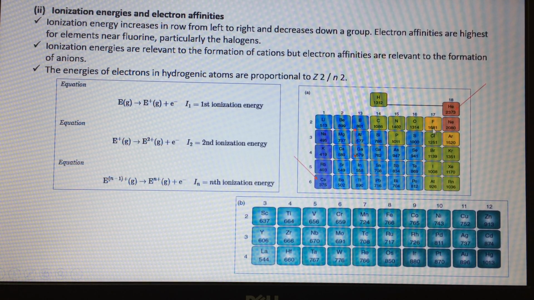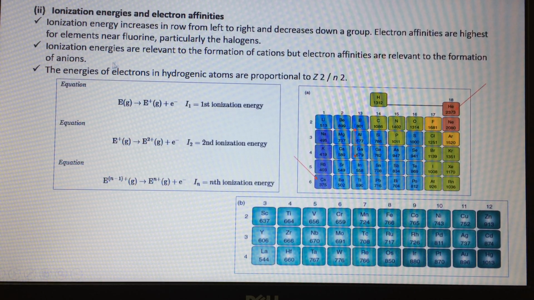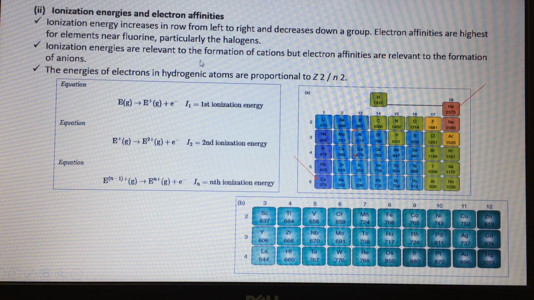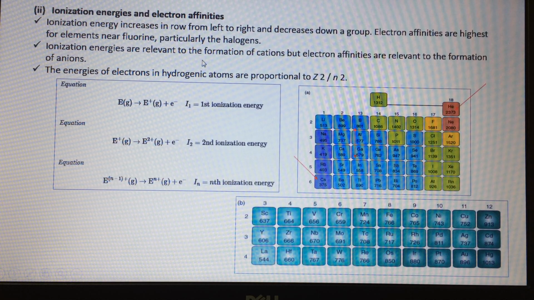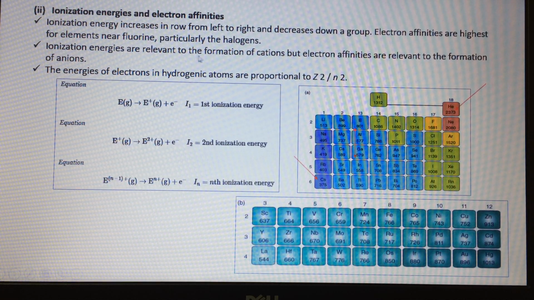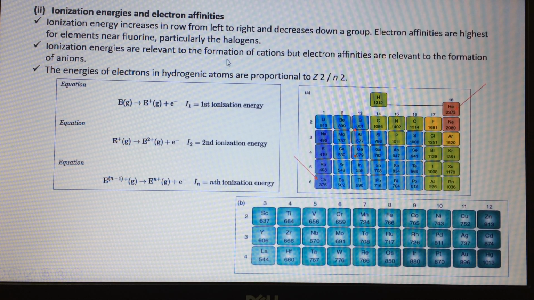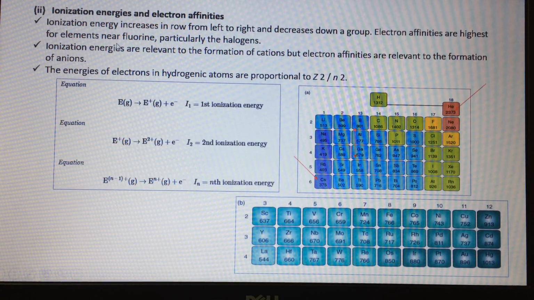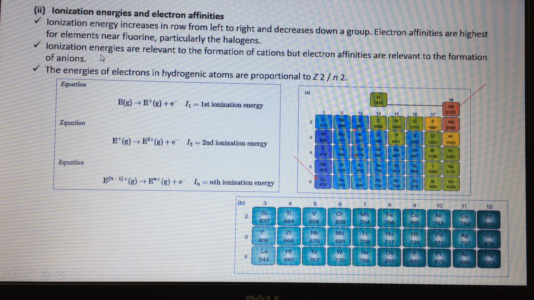So ionization energy is relevant to the formation of cations. If you provide the ionization energy to ionize the atom, then you form the cation.